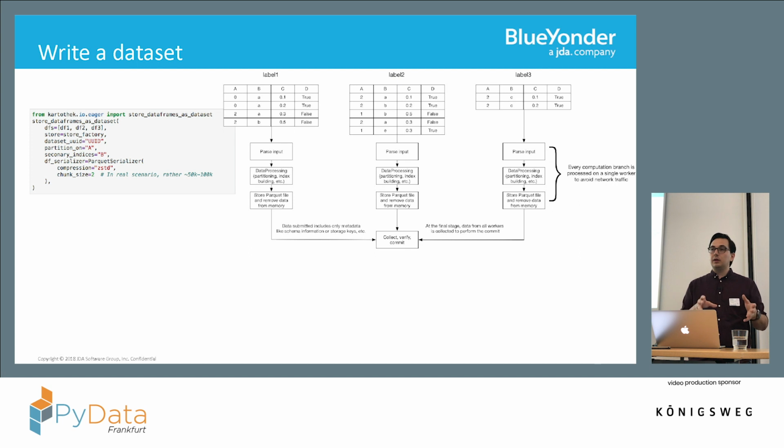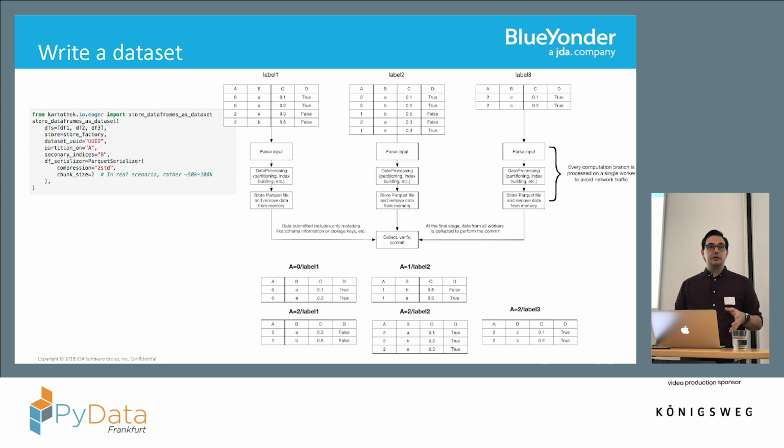Because as I said in the beginning, touching as few files as possible is key to performance. So when you write data set in this distributed fashion, you should be aware of how your data should look like physically. So the partition on gives you the possibility to split your data essentially on several files.